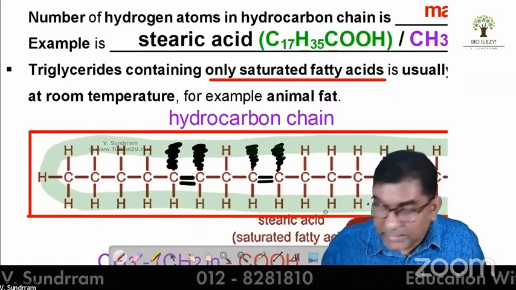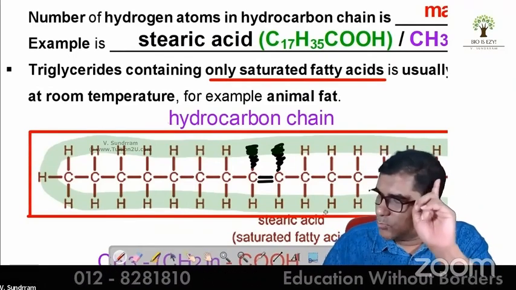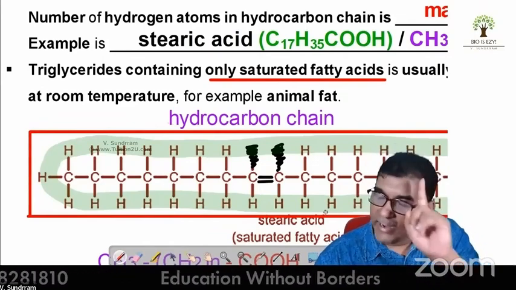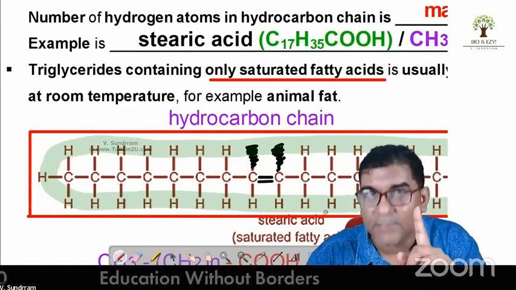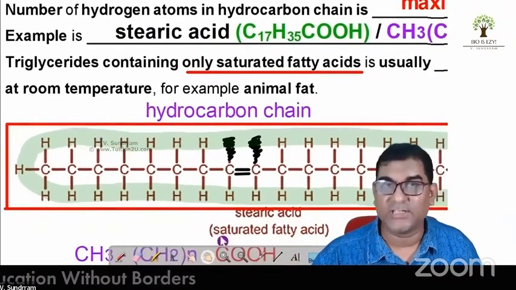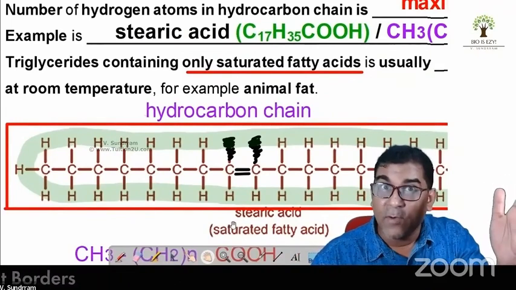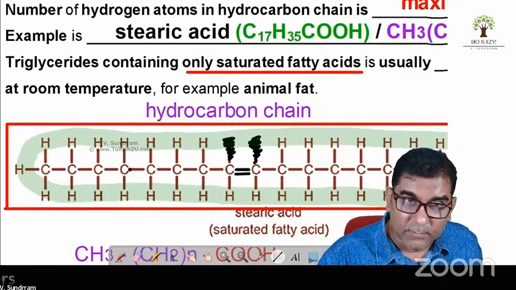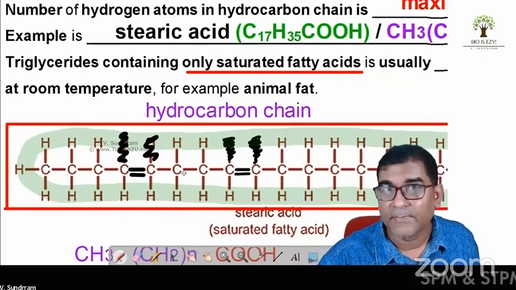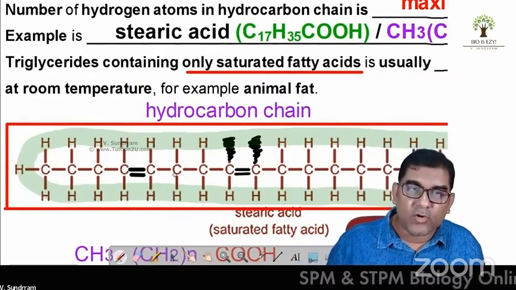But if there is at least one, sekurang-kurangnya 1 double covalent bond, it is unsaturated. One is enough. One double bond is enough. Can I have more? Maybe here got a double bond. Boleh ada. To make this, then you need to remove all of this. Can. But what is the minimum? At least one double covalent bond.